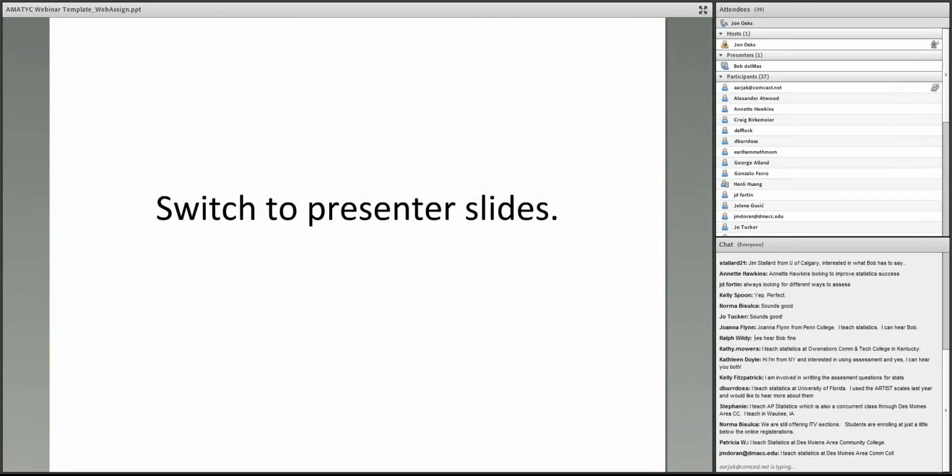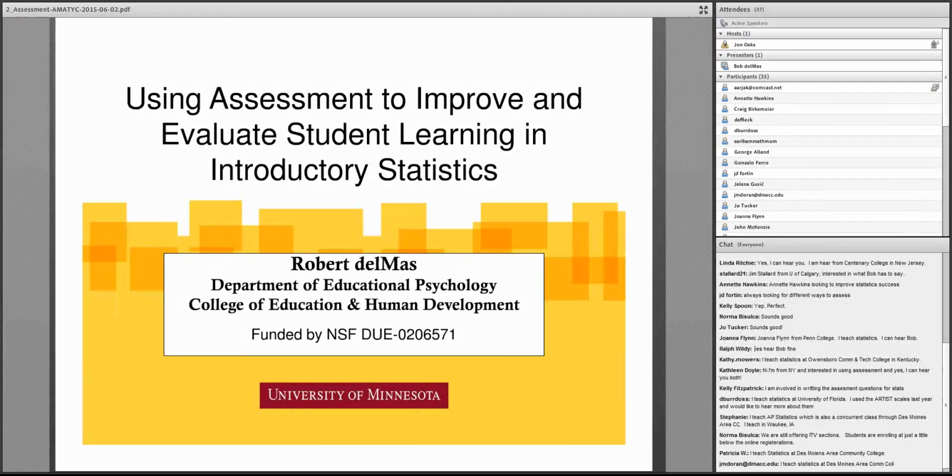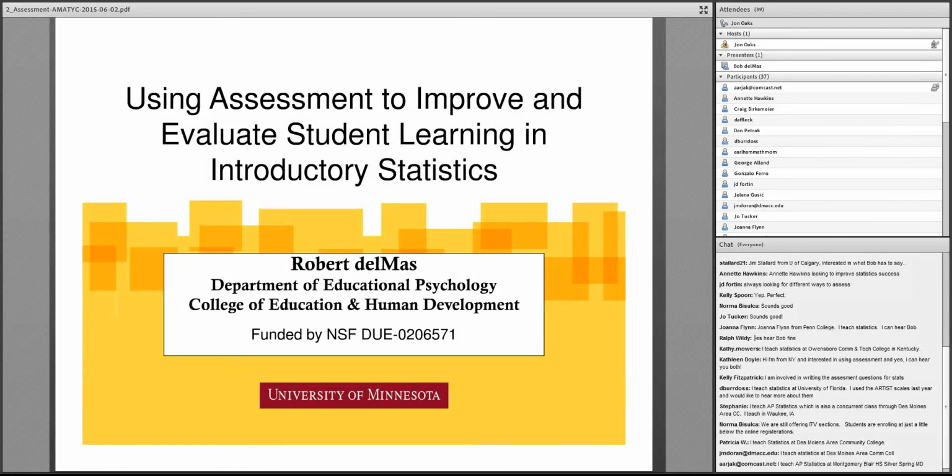So now we are going to switch to Bob's slide. Let me introduce Bob here. Bob is an associate professor in the Quantitative Methods in Education program within the Department of Educational Psychology at the University of Minnesota.